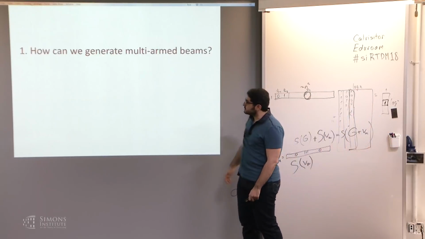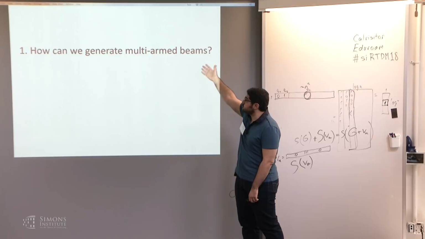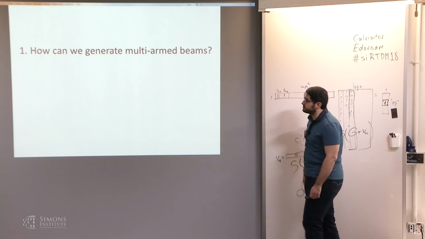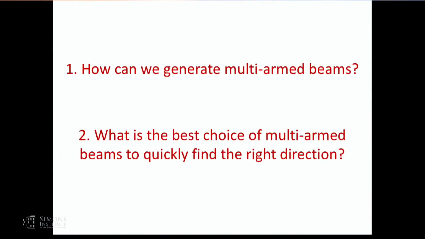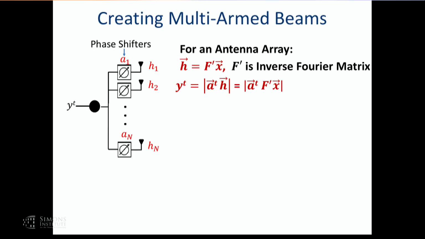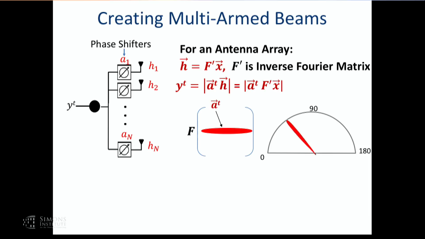OK. So two questions we need to answer. How do we generate these multi-armed beams? And what is the best choice of these multi-armed beams? Let's first start with the first one. If we look at the vector A, to create a traditional, very directional beam, we can pick A to be any row of the Fourier matrix.